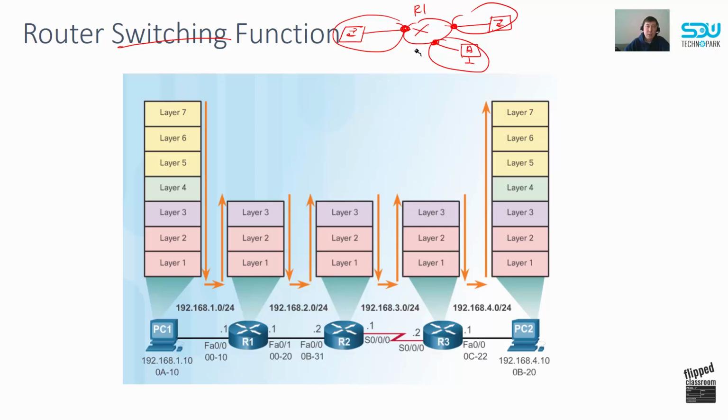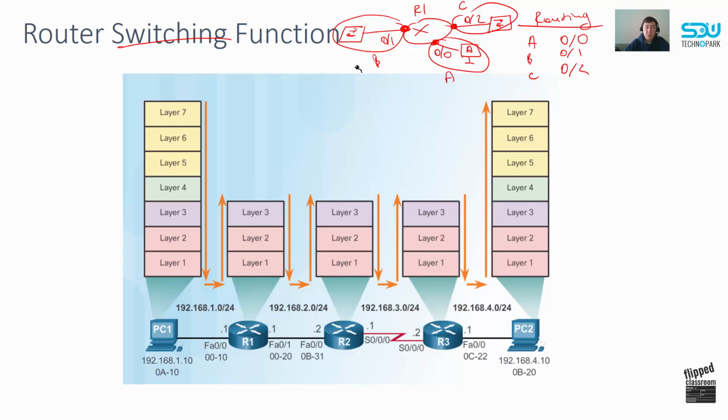Router has a routing table in which the router stores information about these networks. For example, if they are networks A, B, and C, the router stores information: okay, I got network A, I got network B, and I got network C, which are directly connected to me through interfaces 0/0, 0/1, and 0/2, so here you will see this information.